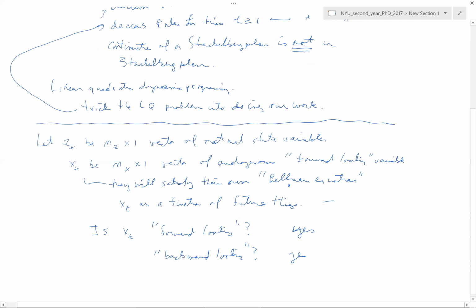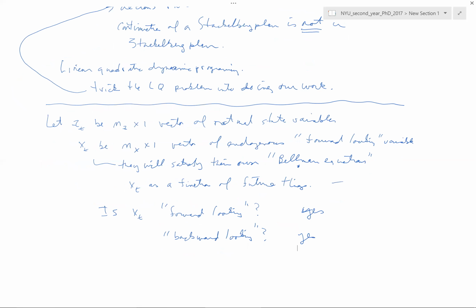It's both backward and forward-looking. And this is going to be yes at t greater than or equal to 1. So we're going to fill in the mystery in these statements.